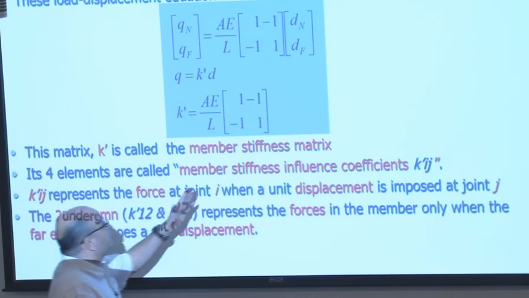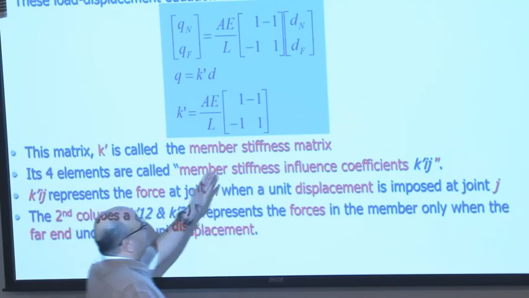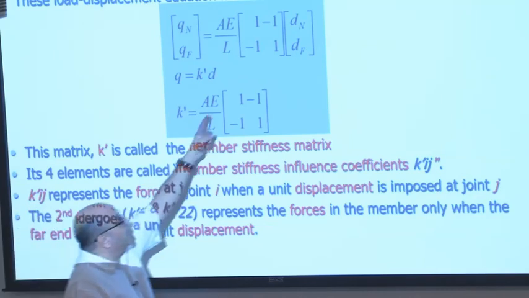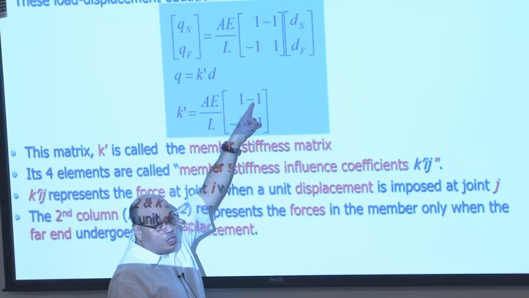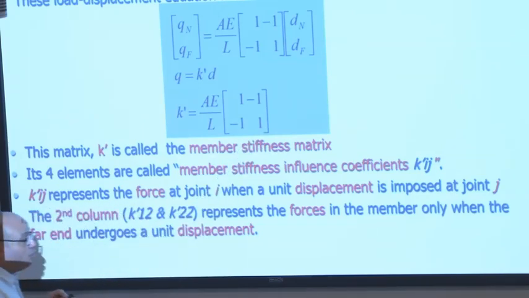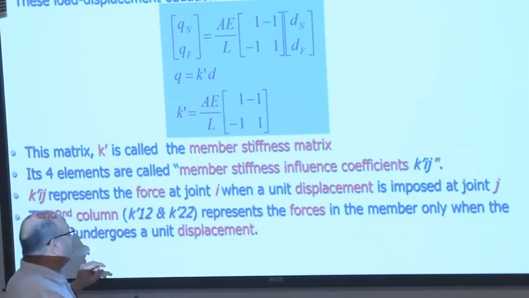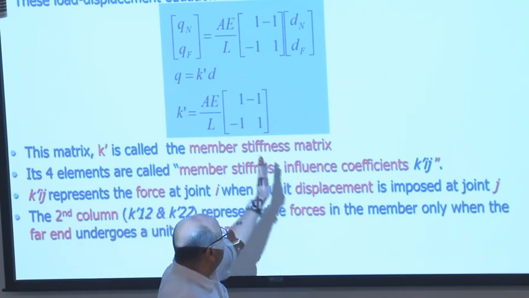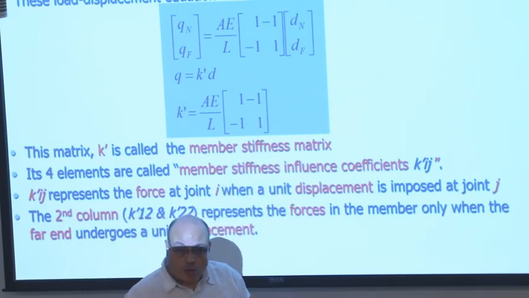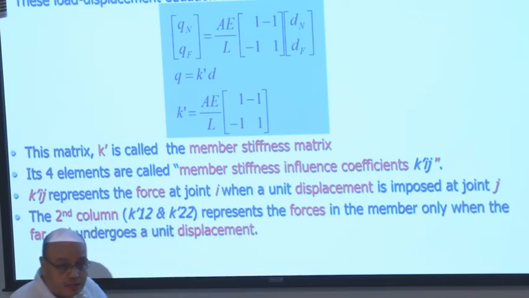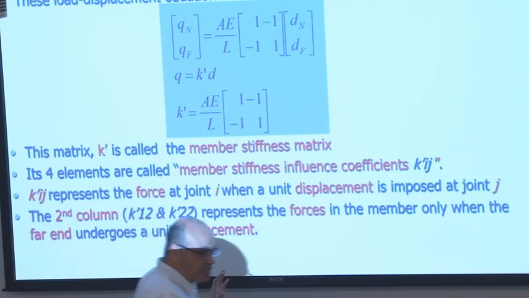What does that first column mean, or what does the second column mean? The second column, which has K12 and K22, as you can see right there, represents the forces in the member only when the far end or node 2 experiences a unit displacement. Again, the second column in this matrix represents the effect or the forces developed due to a unit displacement at the far end. So just keep this in mind.